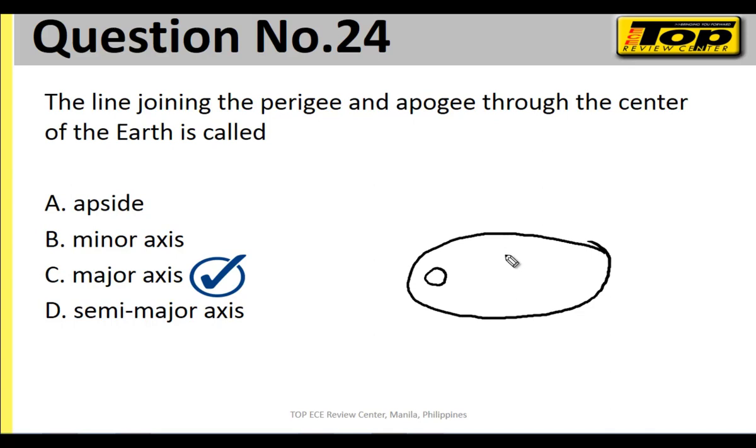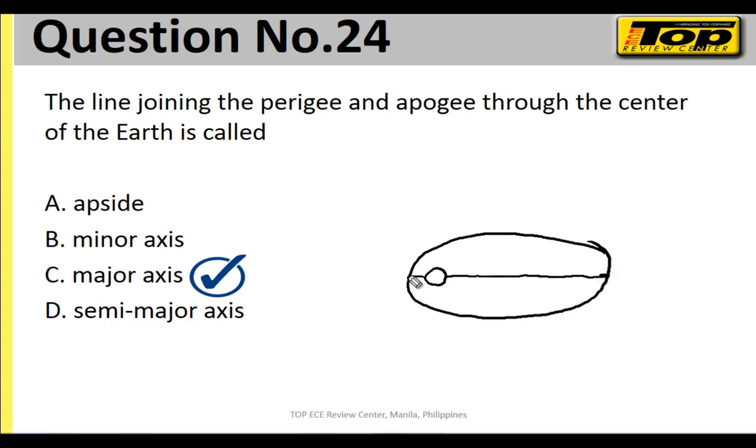Hindi nga lang perfect. Pagtsagayan natin ng konti. Ito yung ating perigee. Okay? Yung perigee, yun yung lowest point, the point that is nearest to the surface of the Earth. Okay? At yung apogee naman, yung point na pinakamalayo doon sa surface ng Earth. Okay?